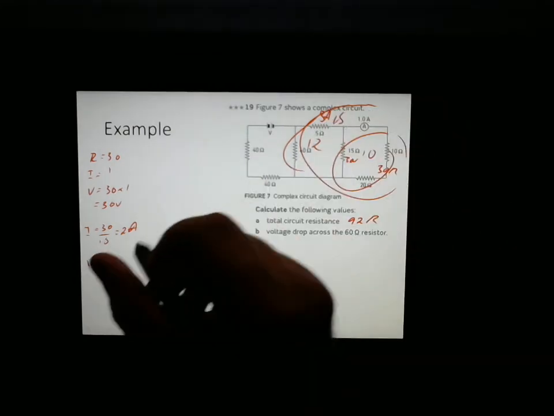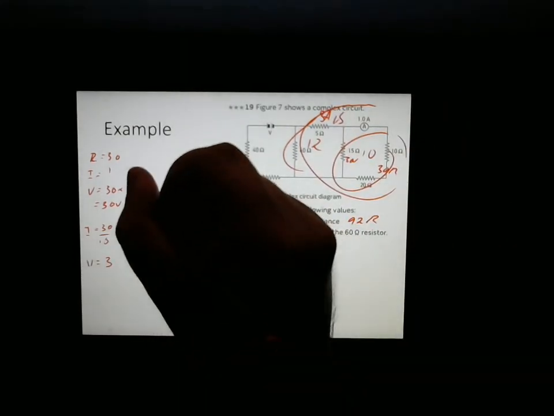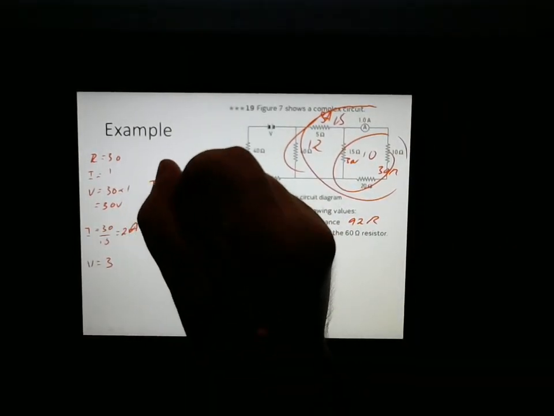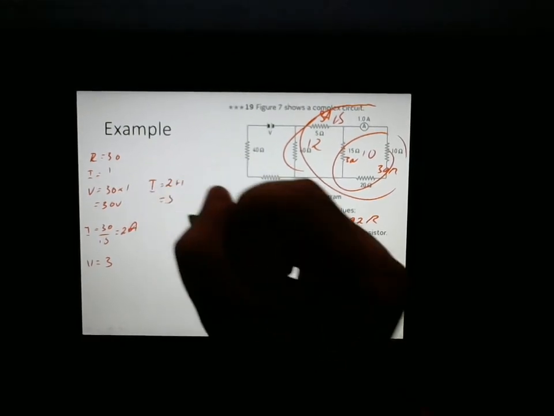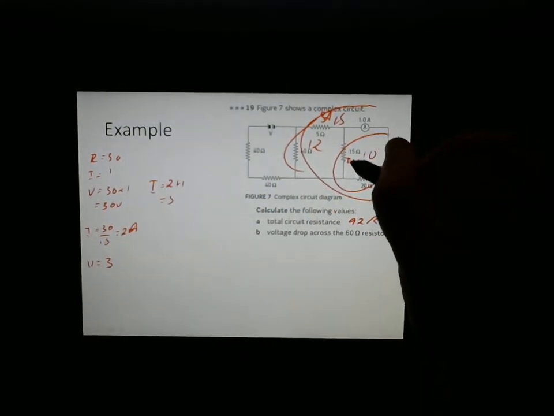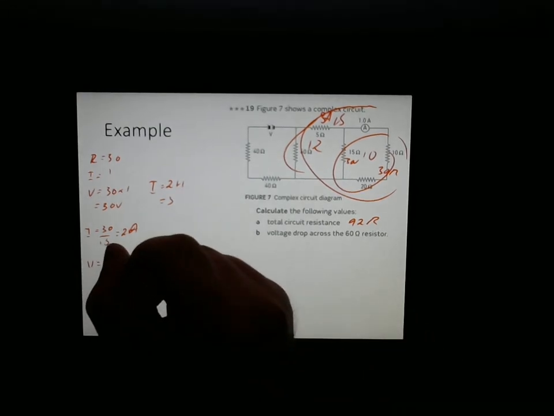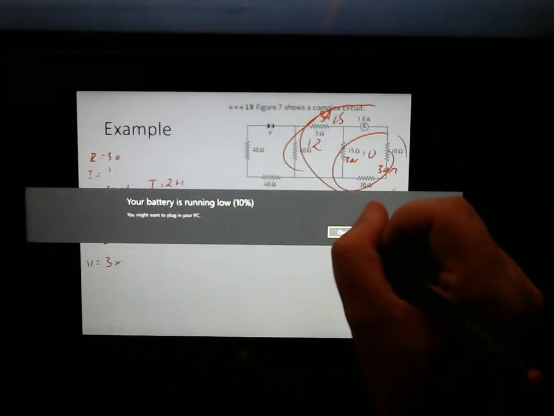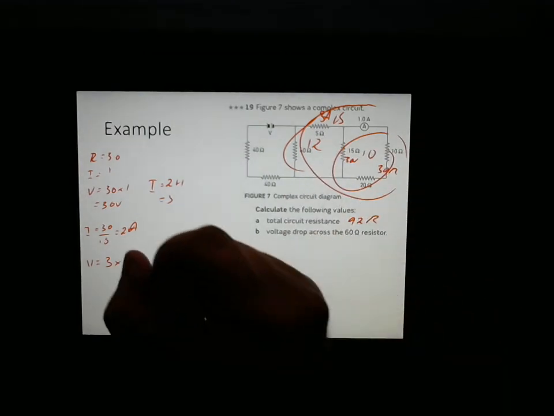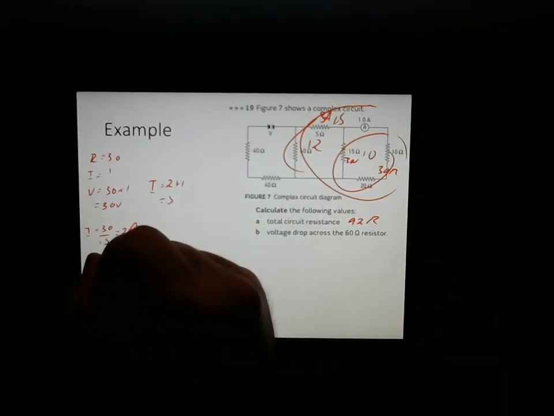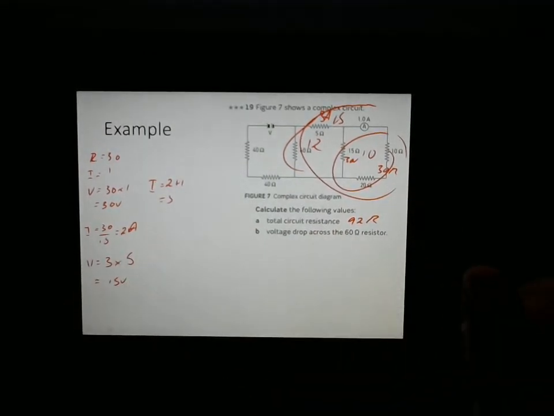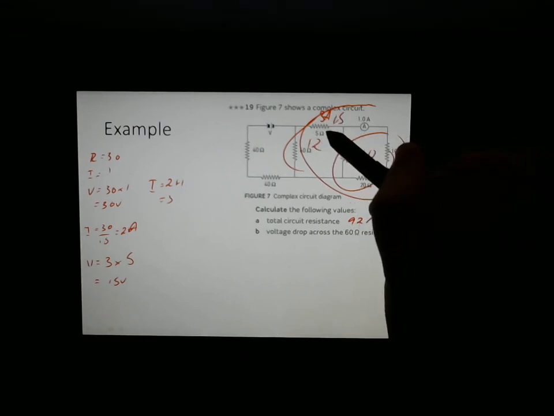We just worked out the I was 3. So I equals 2 plus 1 equals 3. We've got 1 from here, 2 from here that we've just worked out, equals 3. So 3 times 5 is going to equal 15 volts. So we have 15 volts being used here.